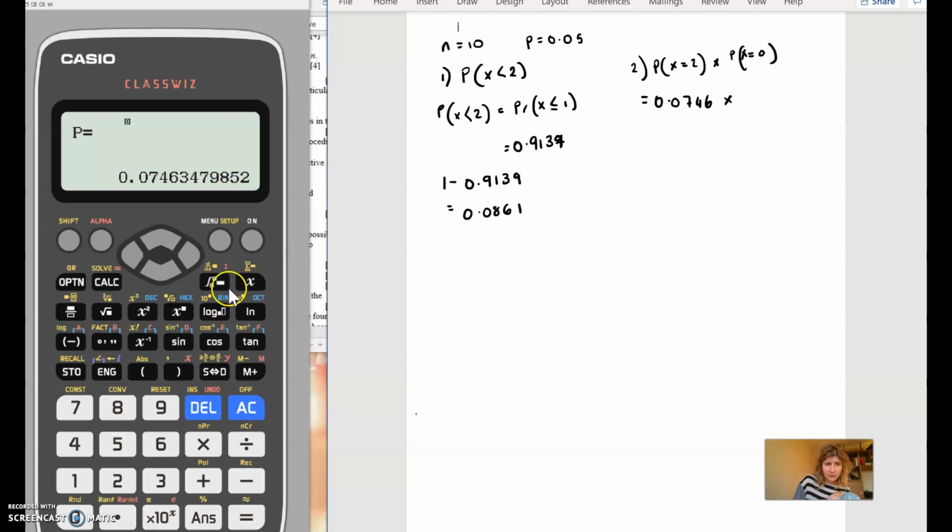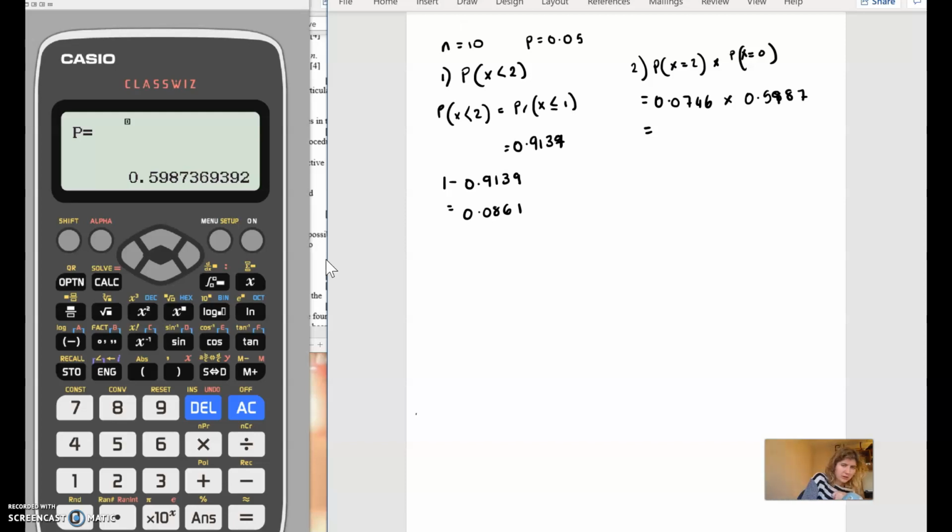And if we then look at the probability where x is equal to 0, because these are separate trials, so separate probabilities, to work out the combined probability we multiply them. For x equal to 0, we have 0.5987.